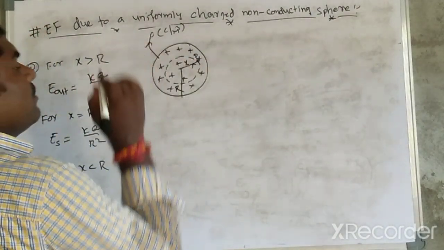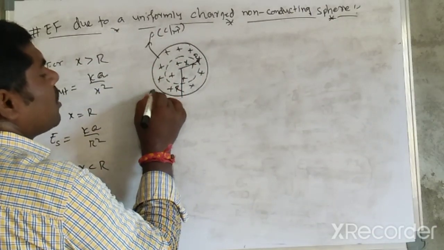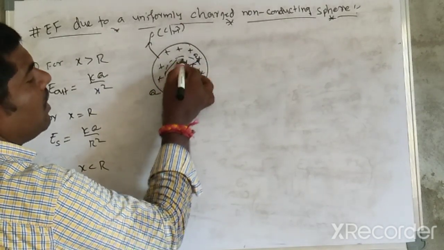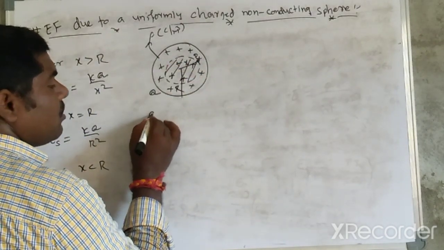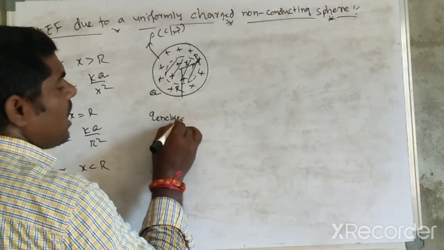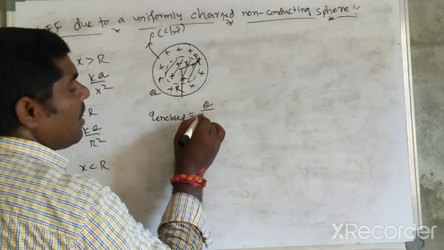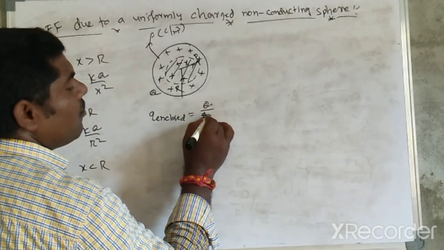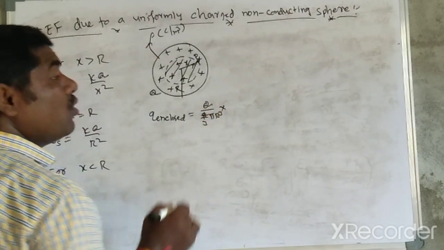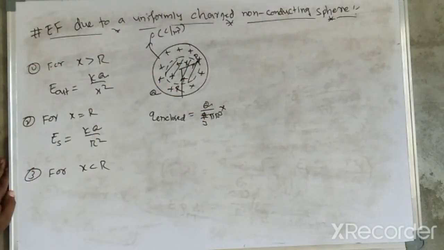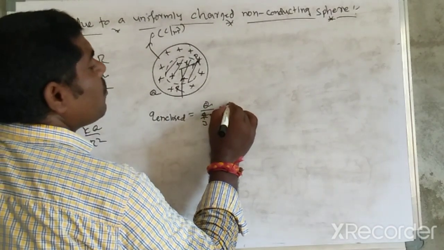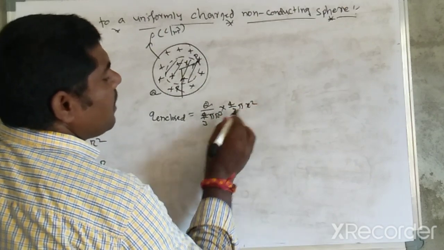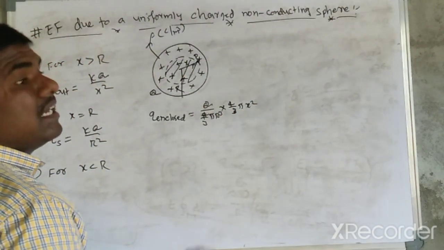Here the total charge is capital Q, but inside the Gaussian surface we want the small enclosed charge. This enclosed charge is equal to total charge divided by total volume, 4 by 3 pi capital R cube, into the small volume, 4 by 3 pi x square, where x is the Gaussian surface radius.